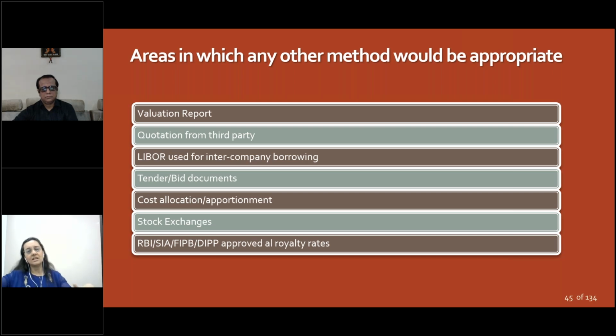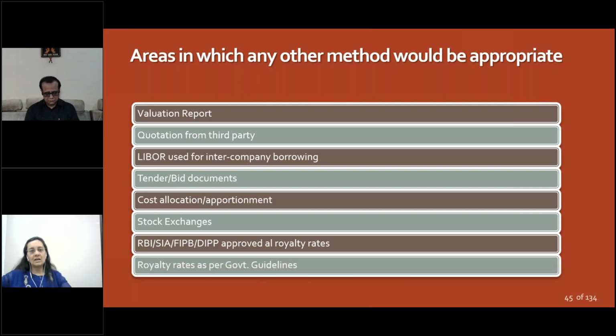They are transactions that could be transacted at those prices. Similarly, RBI, SIA, FIPB, DIP, all these government authorities have approved royalty rates. In the olden times before they were scrapped, it was 5% of domestic sales, 8% of export. These were royalty benchmarks or maximum ceilings of royalties that Indian entities could pay. So these can be used as benchmarks.